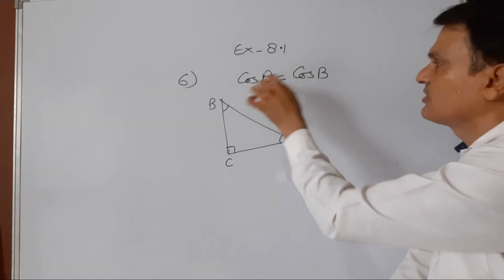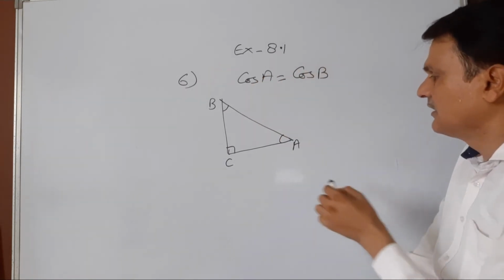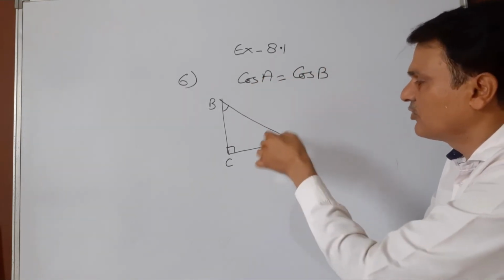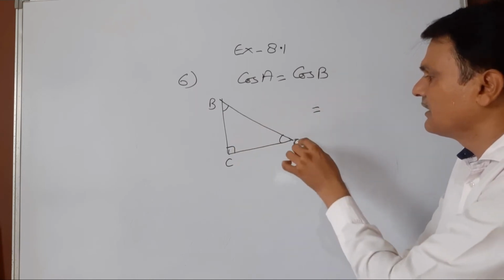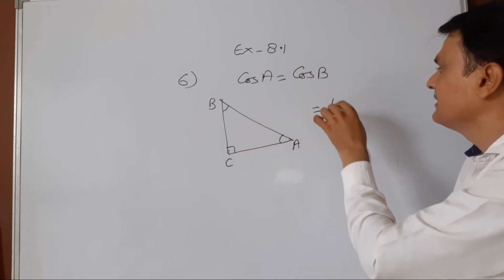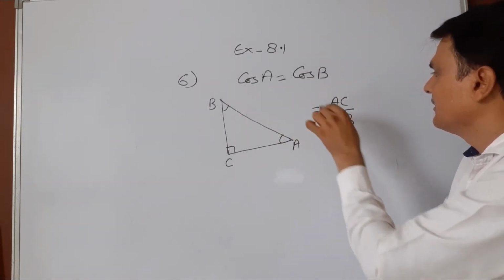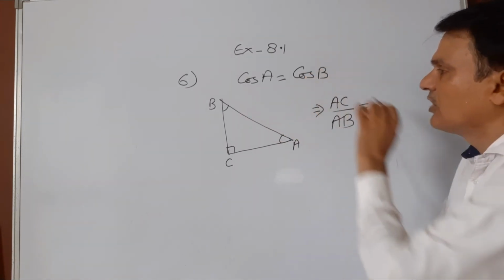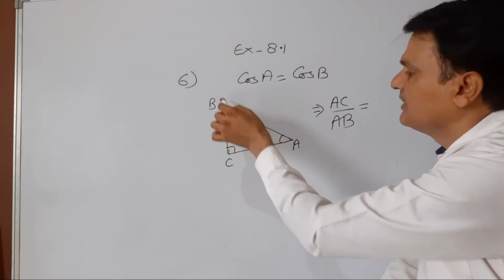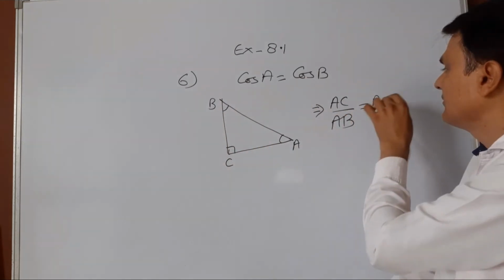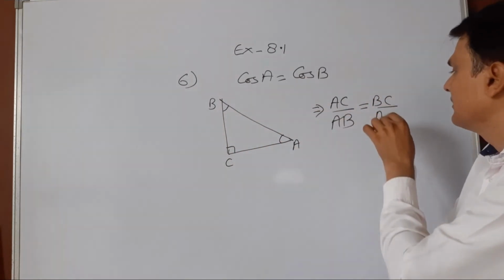So since cos A equals cos B, the value of cos A equals the side next to A, that is AC, upon hypotenuse AB, equal to cos B, the side next to B, that is BC, upon AB.